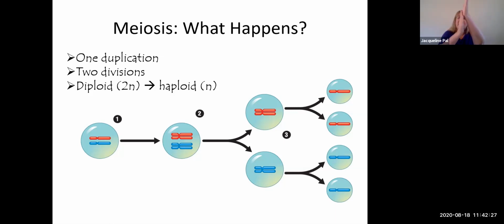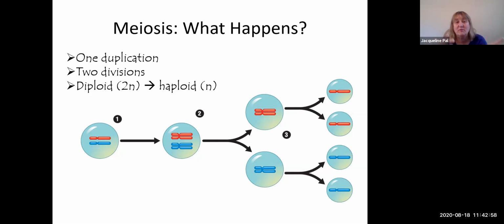And then instead of lining up single file as in mitosis, where the sister chromatids get separated, they line up where, for instance, here's chromosome 1, sister chromatids from mom, and there's chromosome 1, sister chromatids from dad, and they line up on what we call tetrads in the middle. So we're going to have two divisions. The first division divides the tetrads, and then the second division divides the sister chromatids.